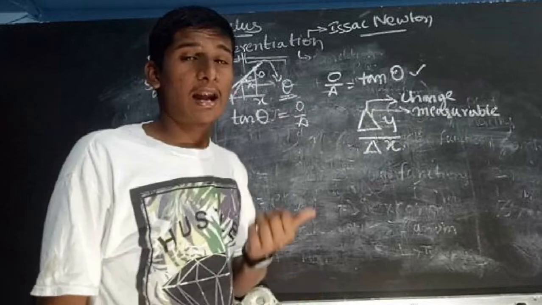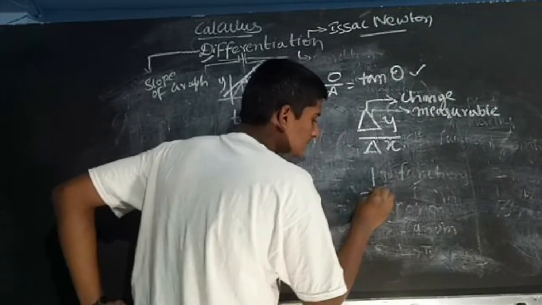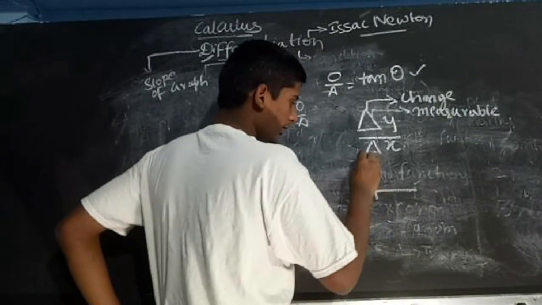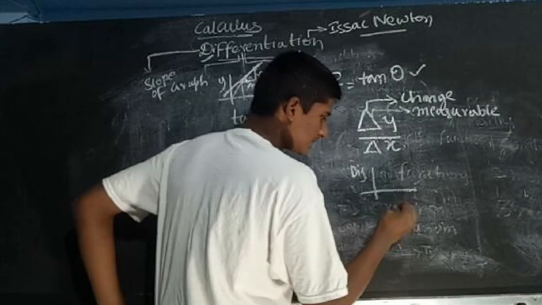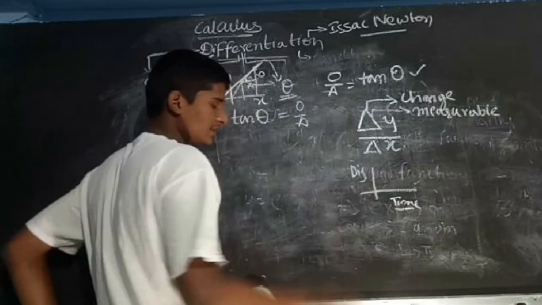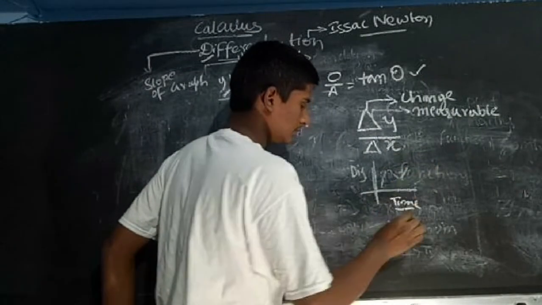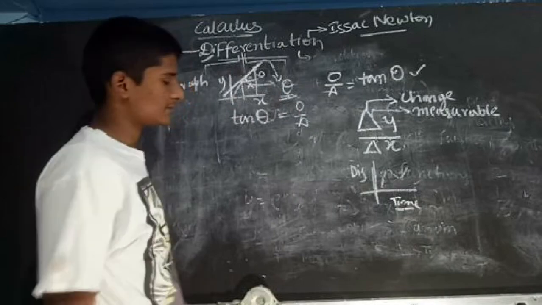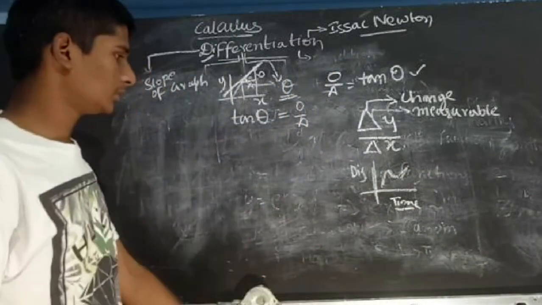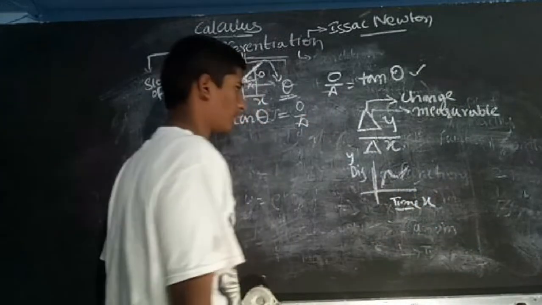Like, we take a distance-time graph. This is the distance, this is the time taken, and we have some graph like this. You think this is the graph. Here this is the y-axis, this is the x-axis.